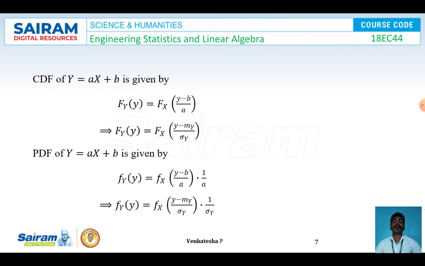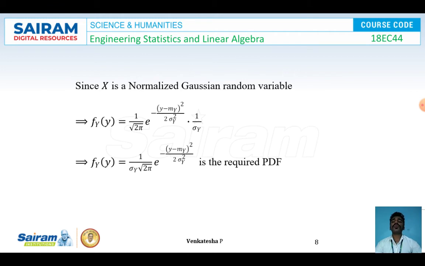So now I'm going to represent the same y function in terms of the Gaussian random variable. Since x is a normal Gaussian random variable, I am going to represent y also in terms of the Gaussian random variable.